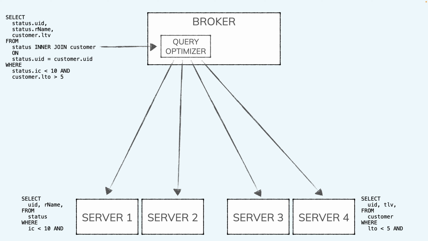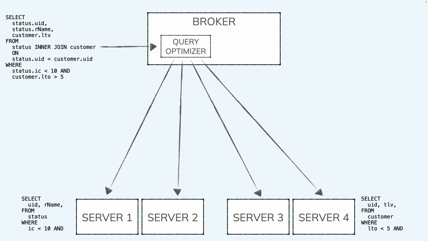It's basically doing the filter on order status that you see over on the left and the filter on customer that you see over on the right. So these 2 filter queries are done before we're able to join. Now, those could still be meaningfully large result sets. I don't happen to know off the top of my head how many order statuses have an ID of less than 10 and how many customers have an LTV of less than 5. It could be a lot more than the broker could handle.